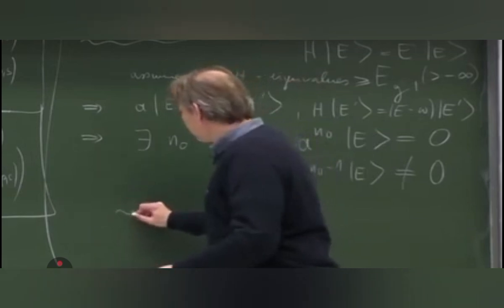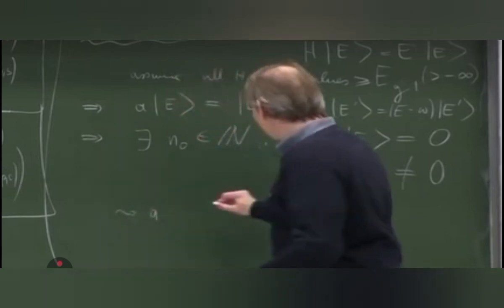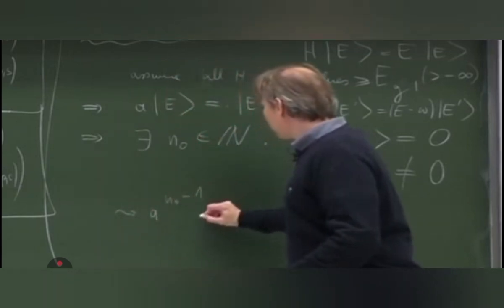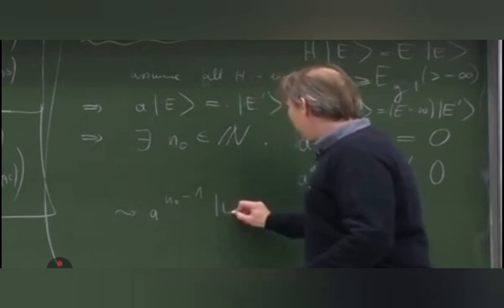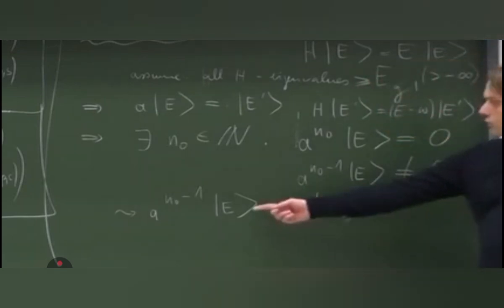And then we have, of course, defined in this way a certain state, A to the n0 minus 1 acting on E. That is a special state. Let's call it 0, like the vacuum state, because that is the state which is annihilated by one additional application of A. Just to highlight, this is not necessarily normalized, but we definitely know it's a non-zero state.